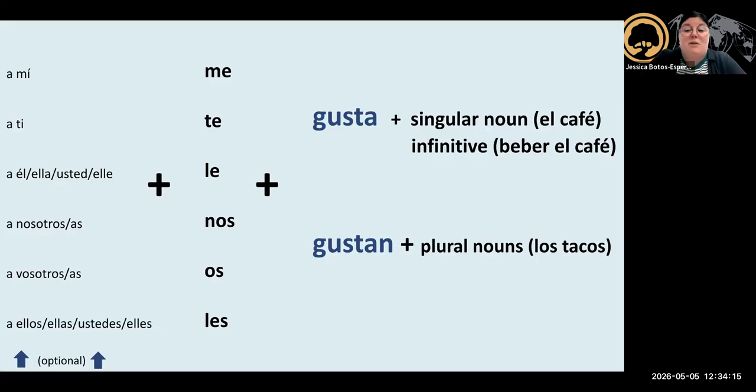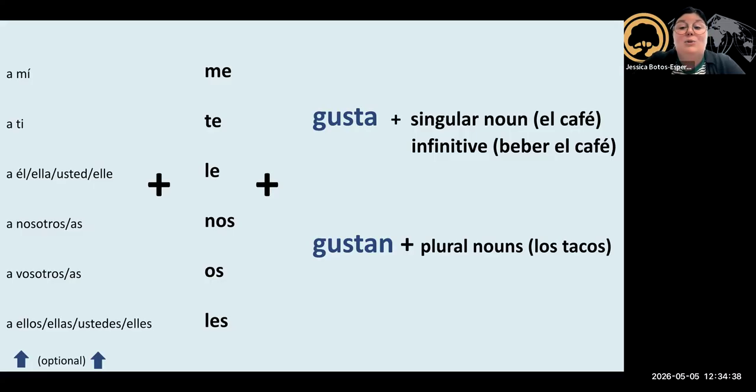Now, move to the middle column. These are indirect object pronouns. Me, te, le, nos, os, and les. This is the part that you will use every single time. These are not optional. This is what actually shows who likes something in the sentence. So think of it like this.